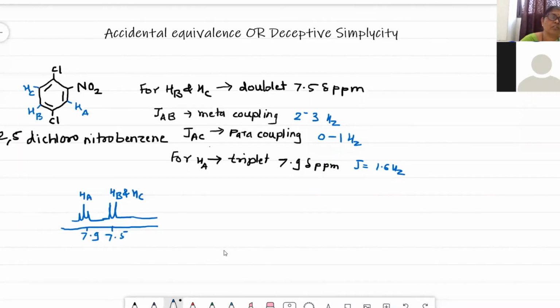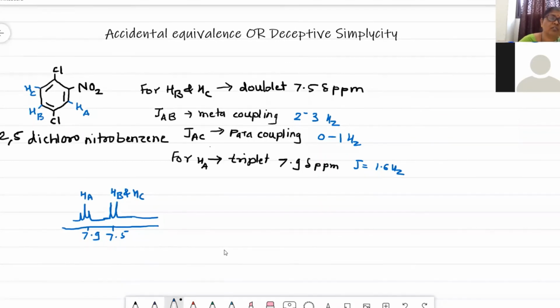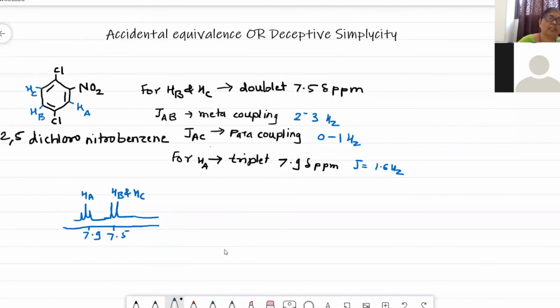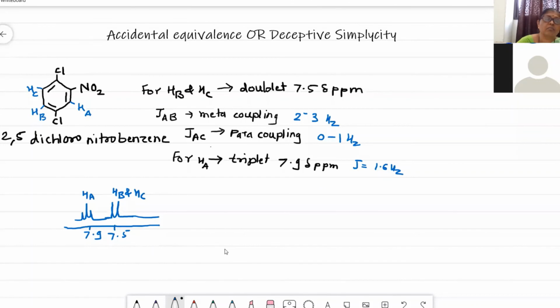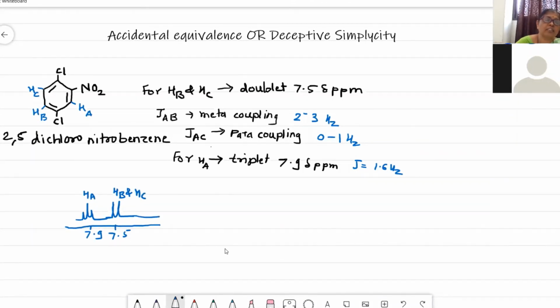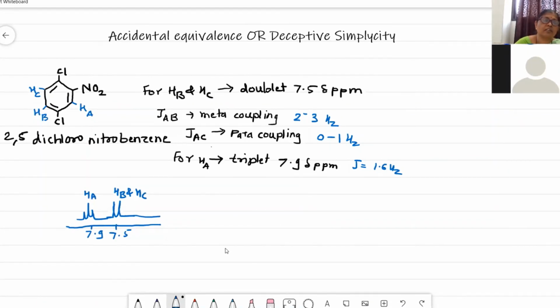According to the non-first order rule, HA should give a double doublet, and HB and HC should also give double doublets in the spectra. But actually in the spectra, HB and HC give the doublet and HA gives the triplet.